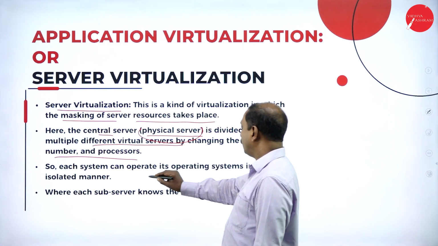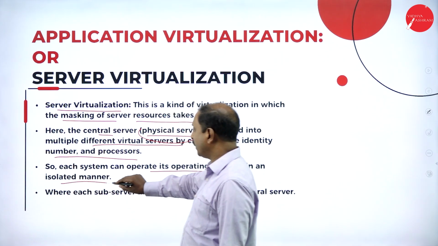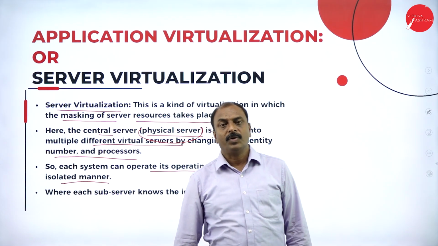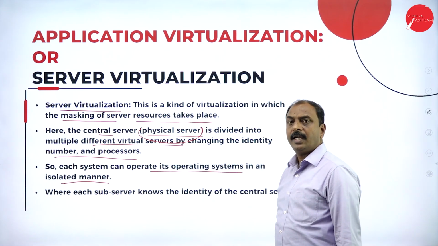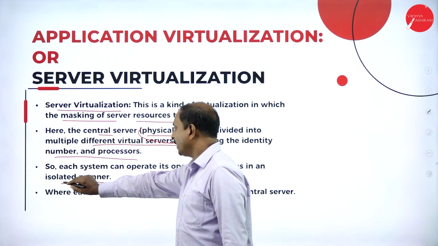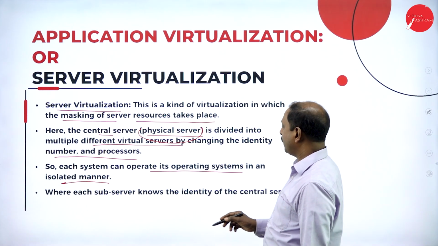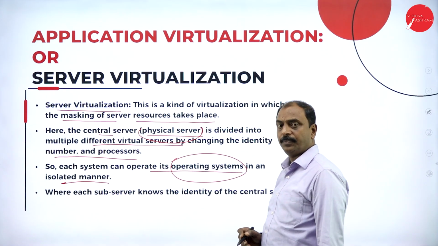Each system can operate its own operating system in an isolated manner. Once the environment has been created, each environment will work on its own in an isolated manner, with its own operating system.